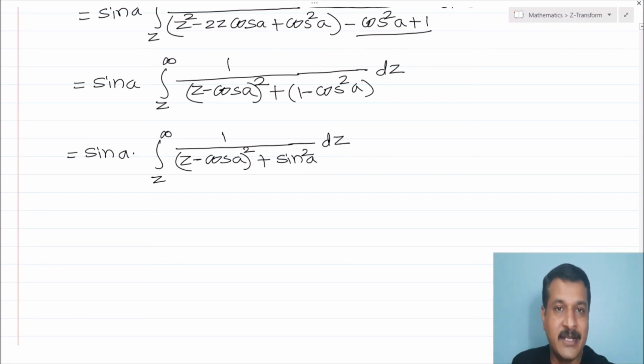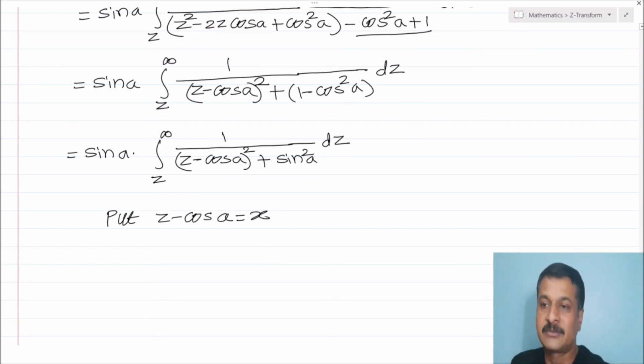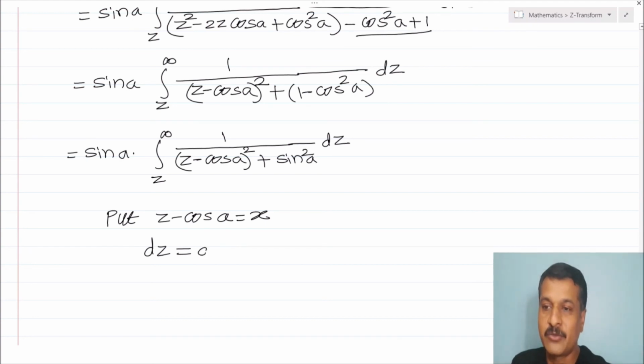Note that here it is a constant term, but here I want a function. That function I can convert into a single variable, like t. So put z minus cos A equal to x. So I am getting here the x square plus a square formula, means 1 upon this. That is our aim. So differentiate. So dz equal to dx, as cos A is constant.